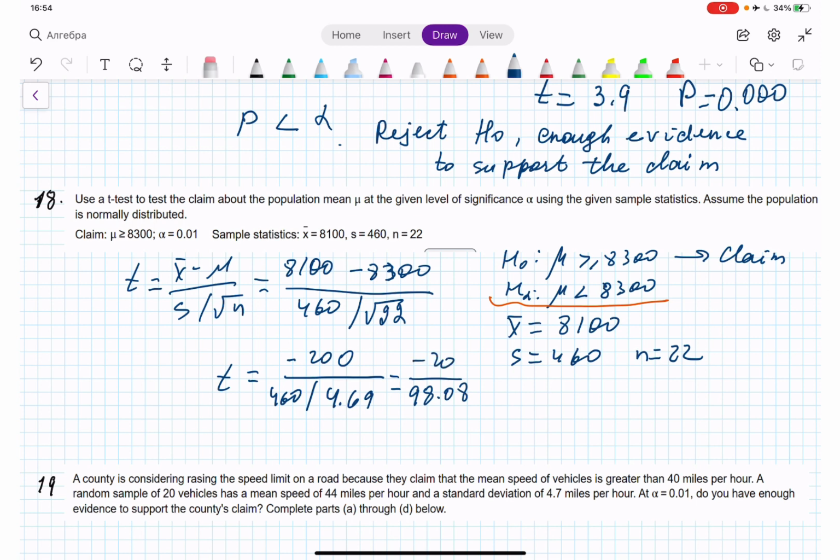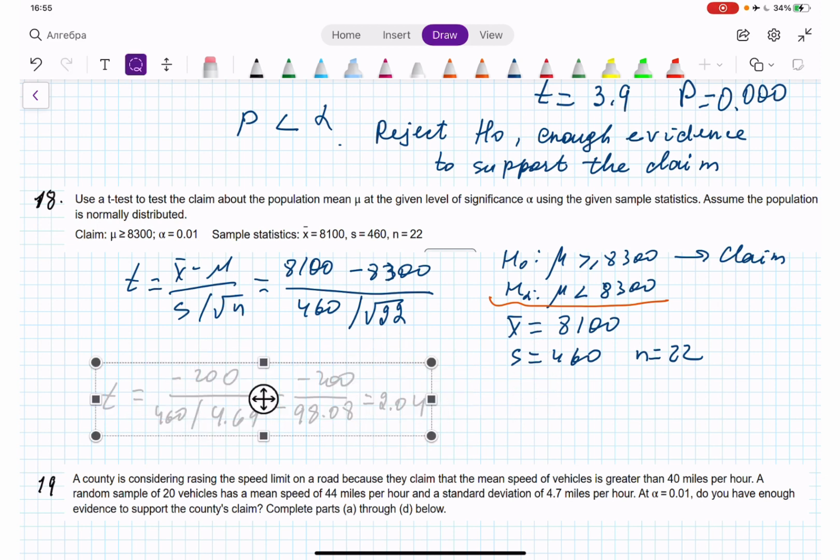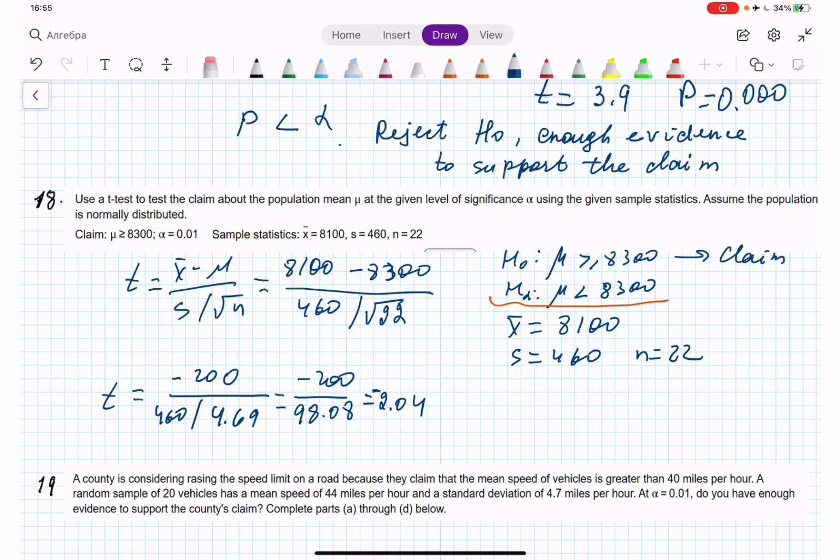And the numerator, 8100 minus 8300, is negative 200. Then 200 divided by 98.08, we are getting 2.04. Oops, I'll add the negative sign. Negative 2.04. This is our standardized test statistic.